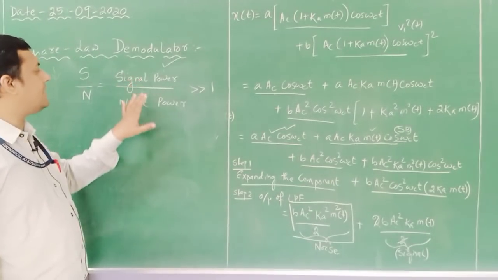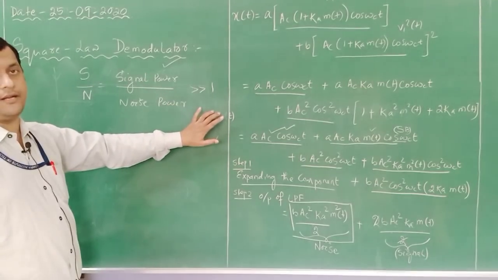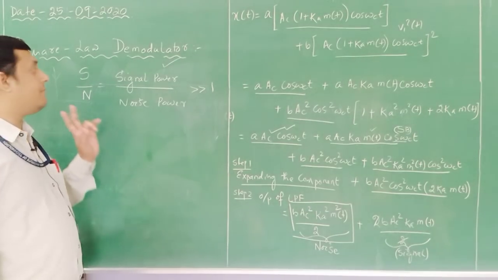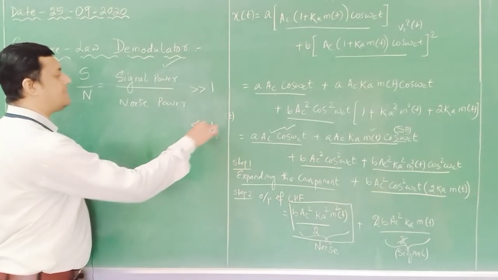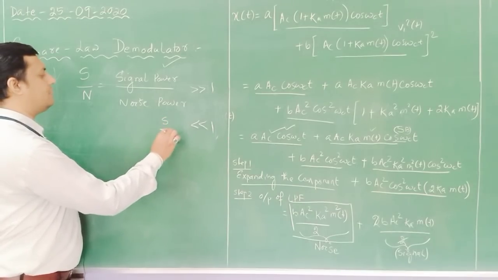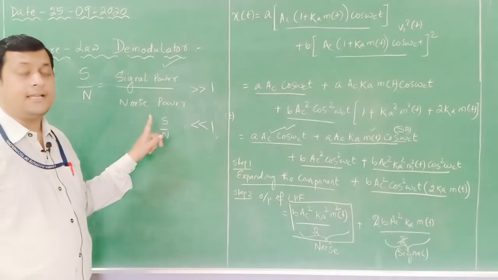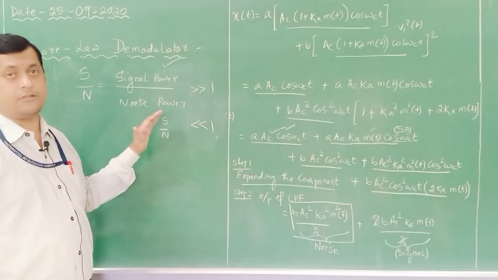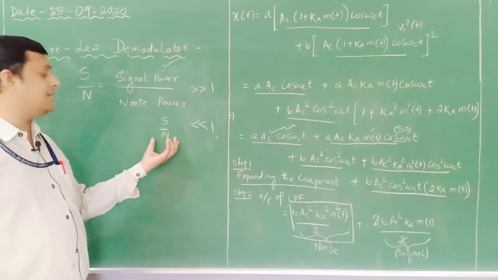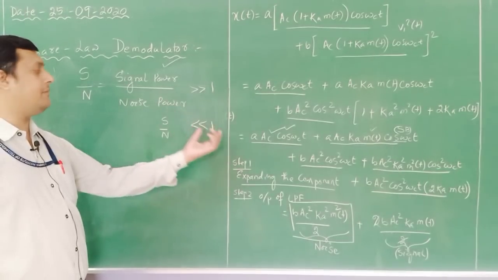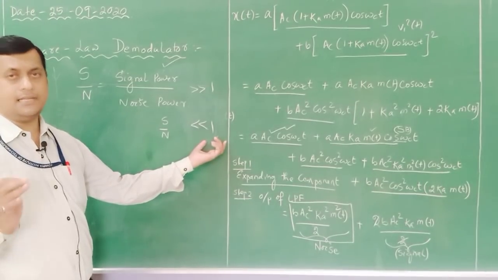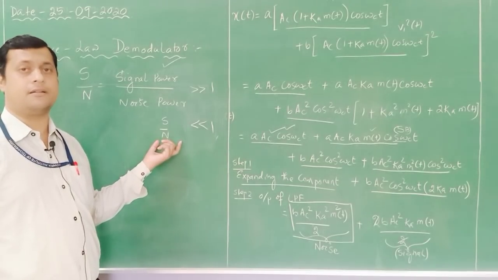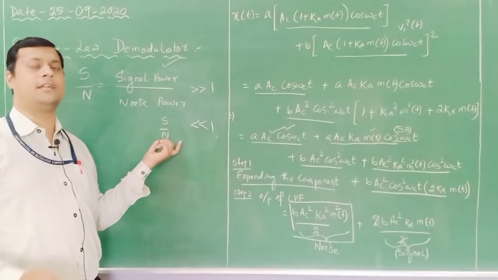But if it is much less than 1, it indicates that the noise power is so much that it will deteriorate the signal power. The denominator is greater than the numerator, so the value will be less than 1, and in this case we cannot recover the original modulating signal. It will deteriorate.